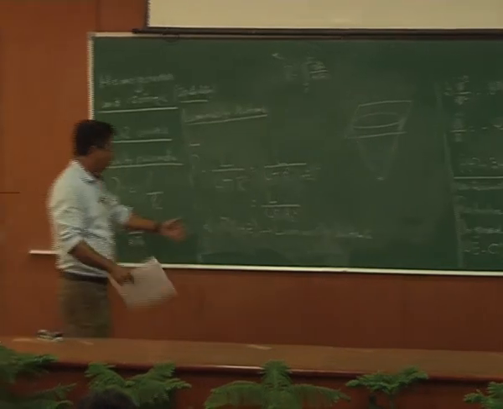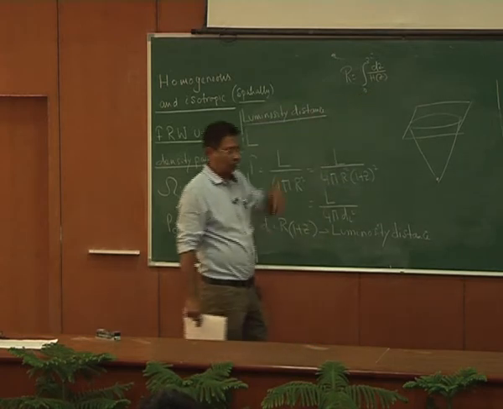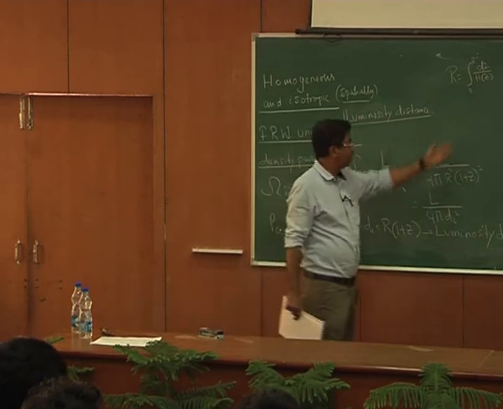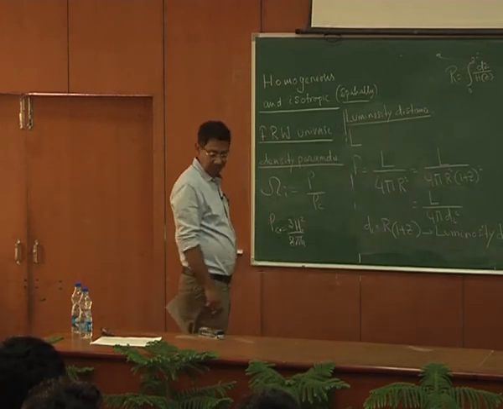So by these observations, we can constrain all those cosmological parameters. So that is the luminosity distance, which is a kind of standard candle that we use.